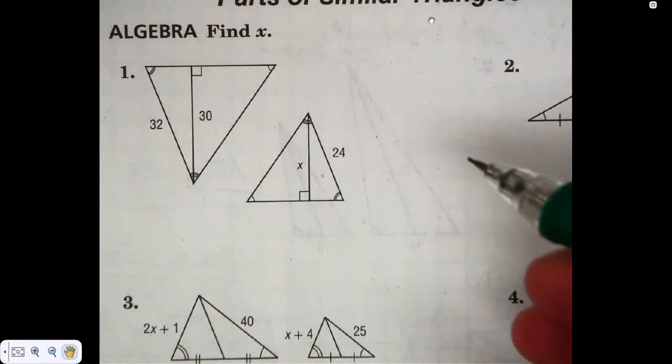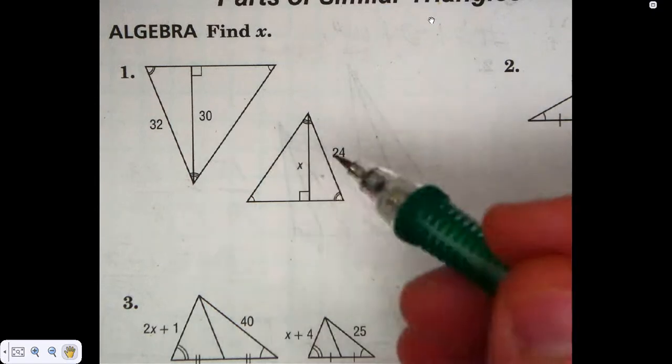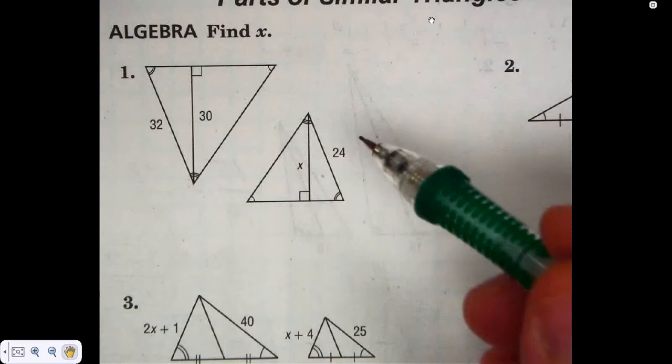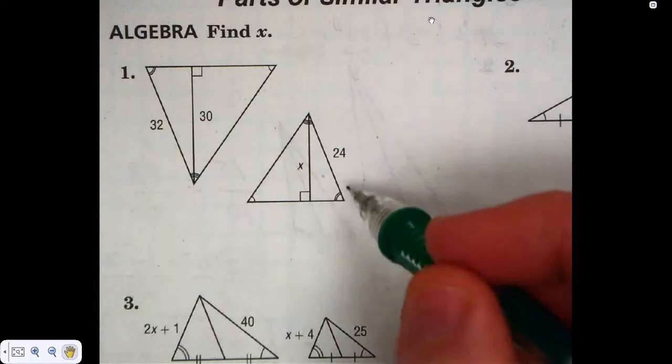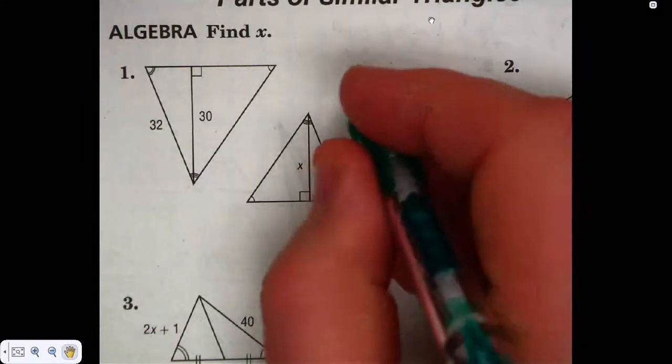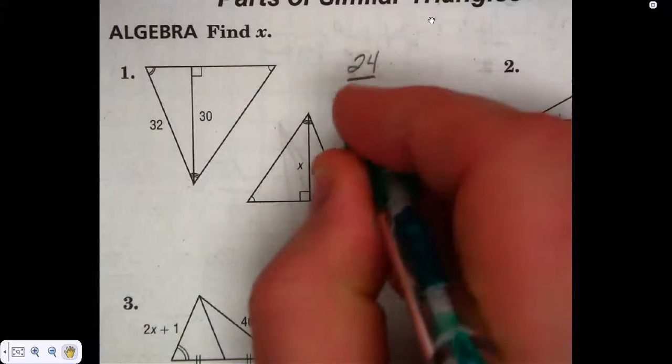Do we have some sides here that correspond? We don't have letters here, so we're going to have to use the numbers that are associated with that side. 24 over 32, or 24 and 32, they correspond to each other. Does everyone agree with that? That's a 2 mark to the 3 mark, 2 mark to 3 mark. Okay, so you said you want to do 24 over 32.